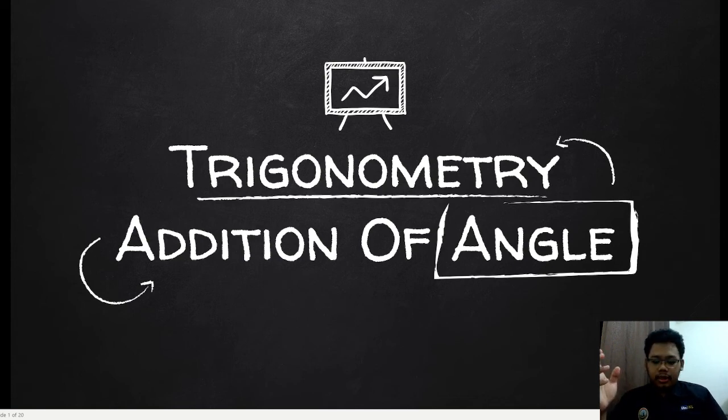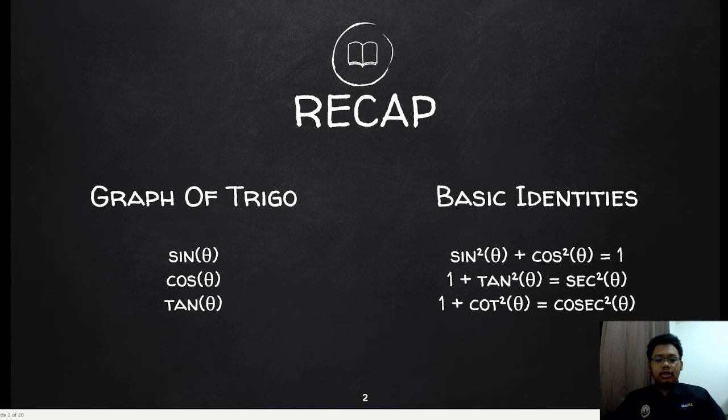So let's begin with continuing our lesson today, which in the previous class we already learned about graph of trigo. It's about sine, cosine and tangent graph, and about the basic identities. The basic identities is basically the formula that we will use in the exam, which can relate with the formulas that we stated in this slide, where this is 3.